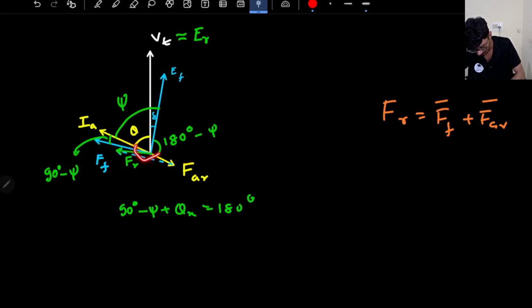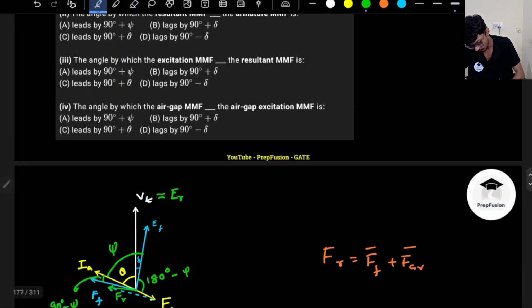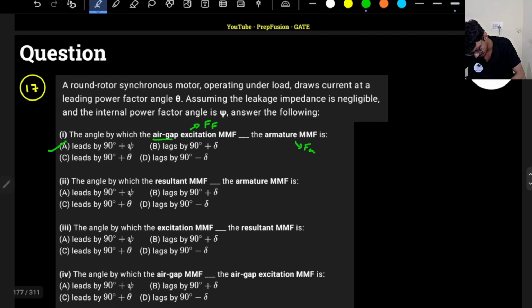So this plus theta x, let's say, is 180. From here I can directly say the answer to the first one: theta x will be equal to 90 plus xi. We had already derived it. For the first one, it will be 90 plus xi only.